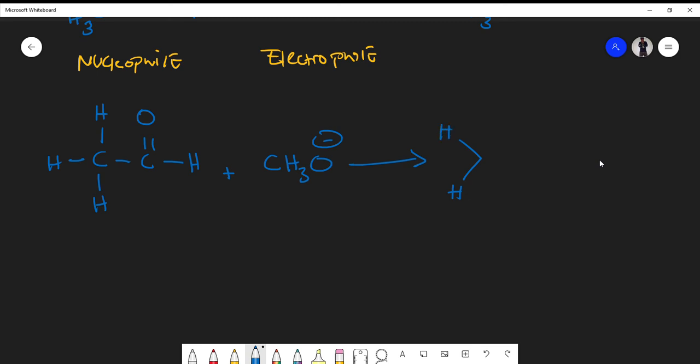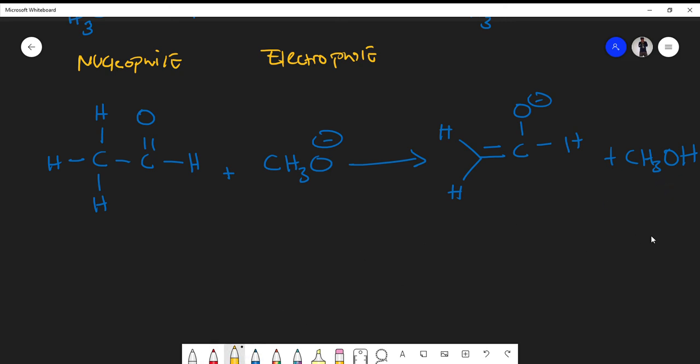So this is kind of the beginning of organic chemistry itself. Which one is the nucleophile? Which one is the electrophile?